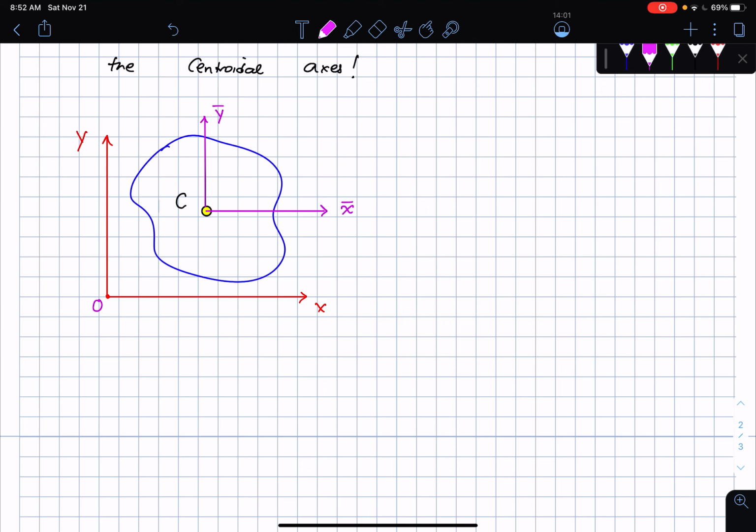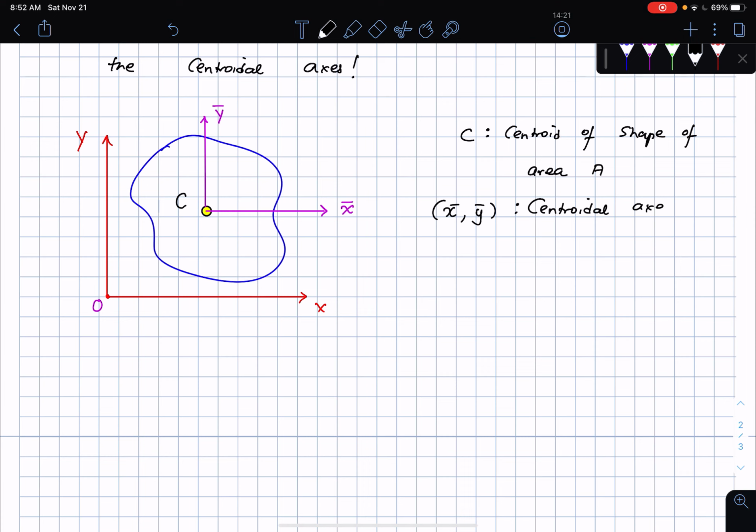Let's write down the following. Here C is the centroid of the shape of area A. X bar and Y bar are the centroidal axes for that shape.